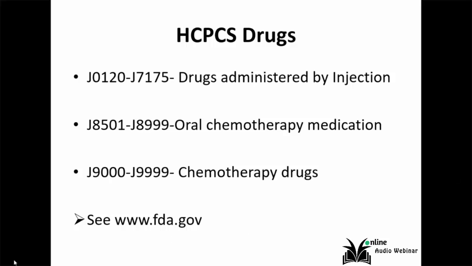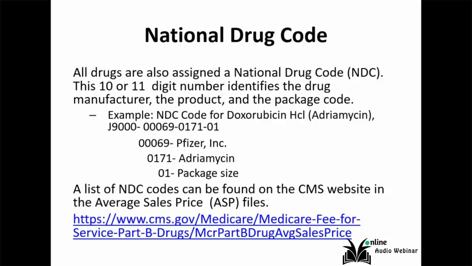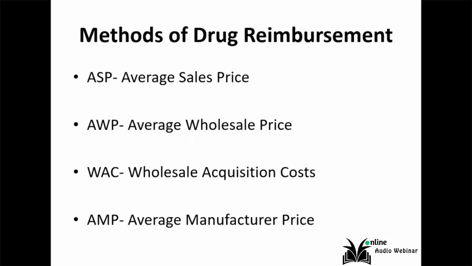Now, when we're talking about drugs, one of the things that many of the insurance companies require us to do is to submit the national drug code. All of the drugs do have a national drug code. There are different methods of drug reimbursement that could be utilized. Most of our drugs are going to be covered under the ASP.